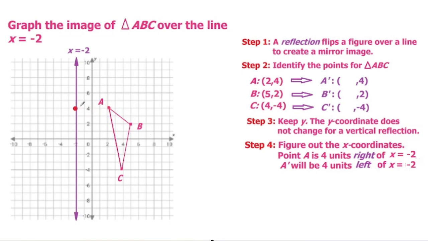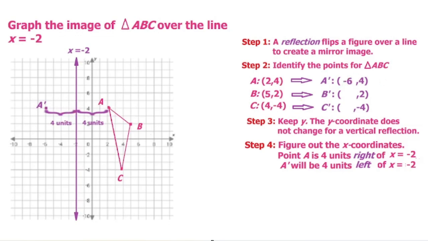So that means the reflected point is going to be 4 units to the left: 1, 2, 3, 4. It should be here at -6. See how it's 4 units? It'll also be 4 units from here to here. And A prime is now -6.